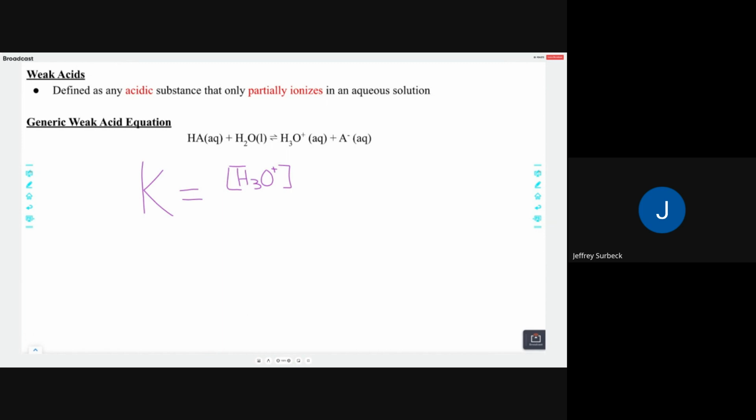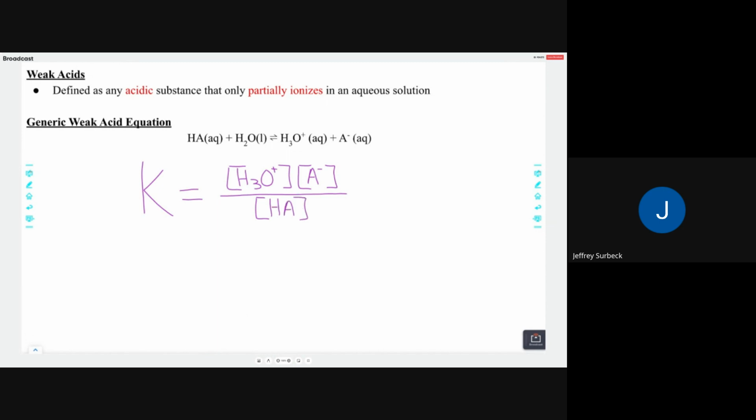And then times our A minus, all divided by the reactants. There's only one thing on the bottom. What one thing would it be? HA. Why do we not include H2O? Because it's a liquid. Very good.